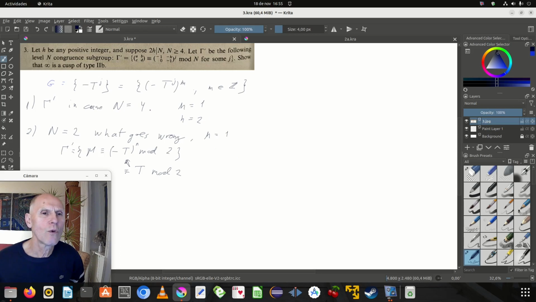N equals 4 and h equals 1. So we are going for a level 4 group.